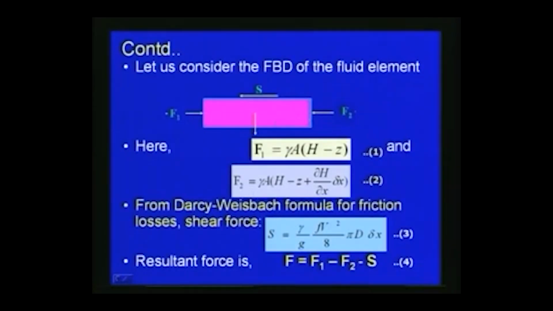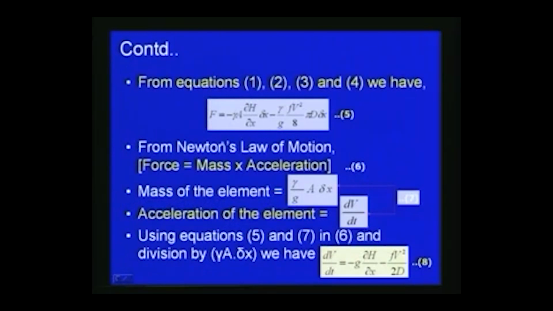This is F1, F2, S. Here F1 is in this direction, this is F2. So, F2 minus S, we finally got the resultant force F is equal to minus gamma A del H by del X into delta X minus gamma by G into f V square by 8 into pi D into delta X, as given in equation number 5.